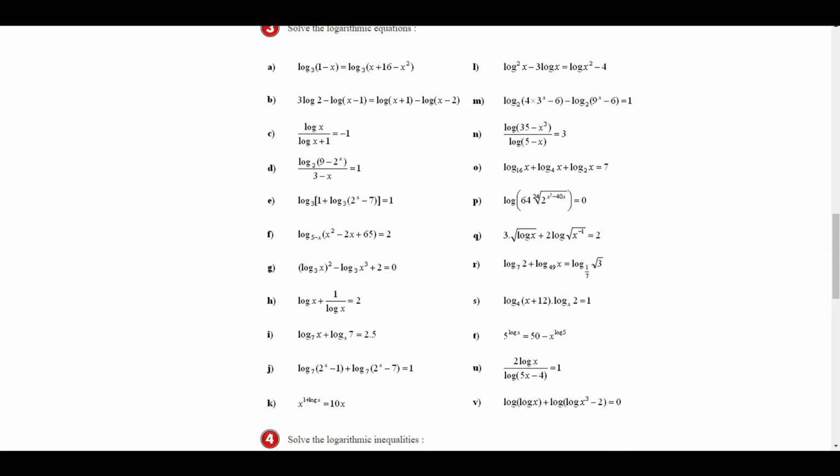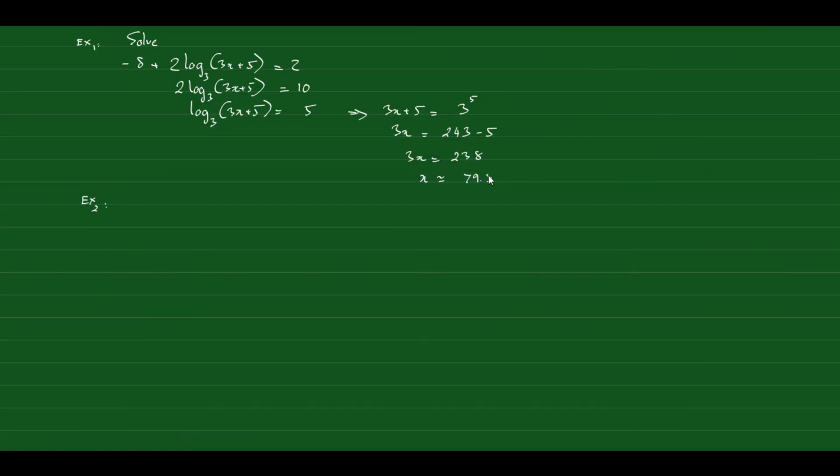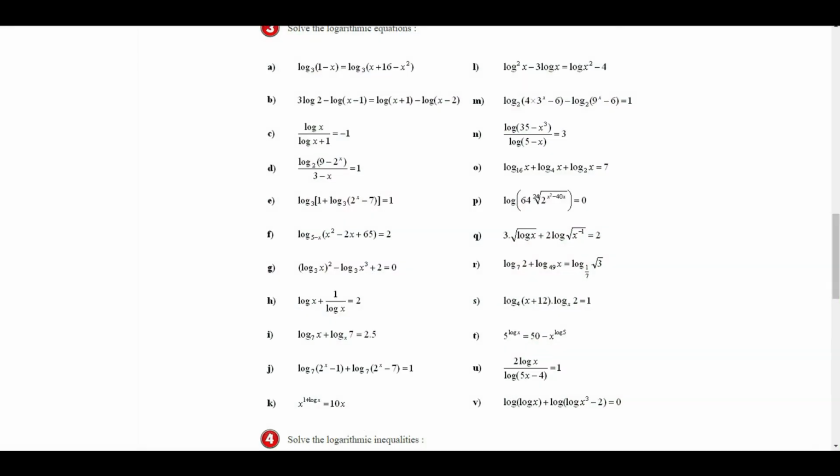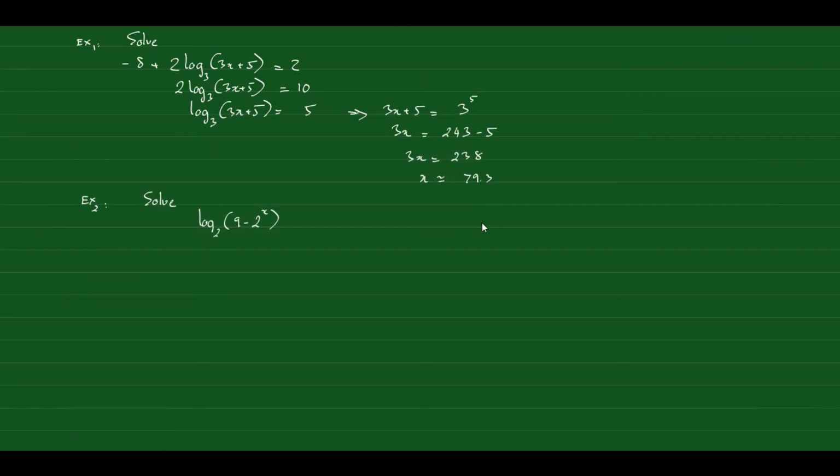So I have log base 2 of 9 minus 2 to the x, over 3 minus x, equal 1.